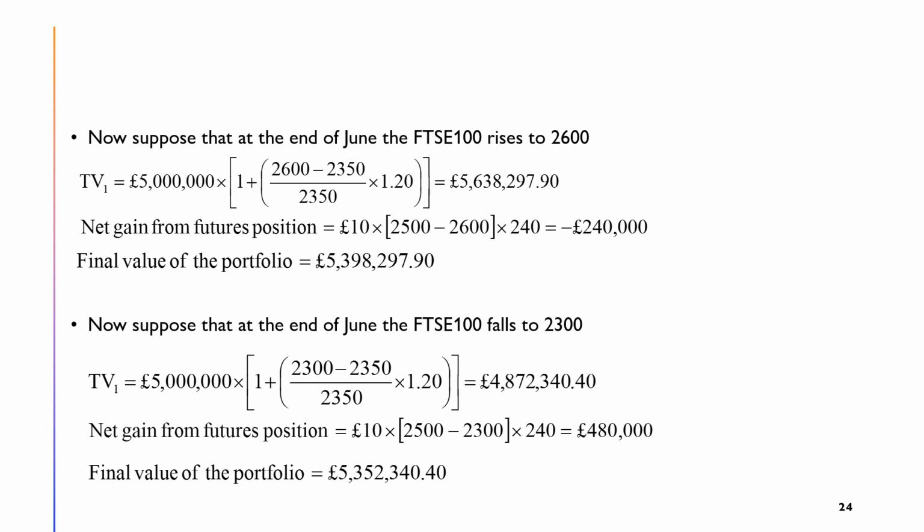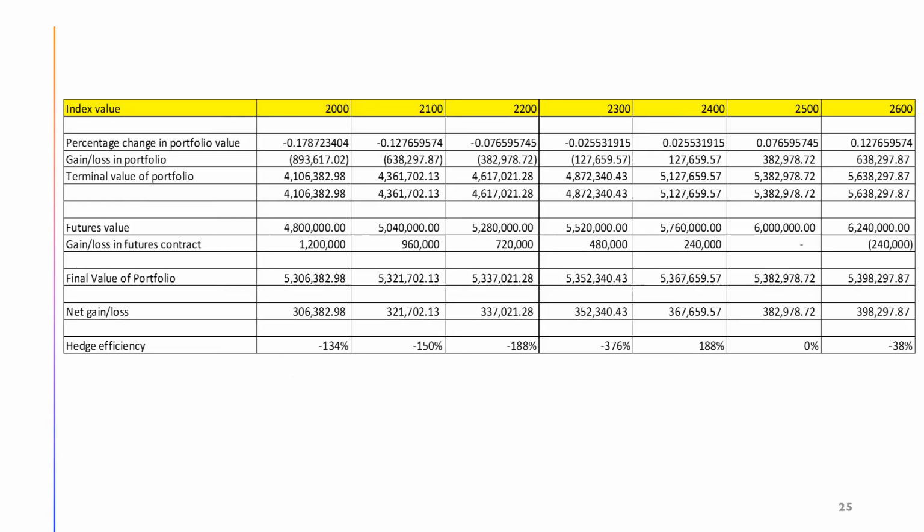When FTSE 100 falls, we gain since we have a short position in the futures contract. A loss in the portfolio is offset by a gain in the futures contract, and vice versa. The final value of the portfolio is the summation of the stock position and the futures position.